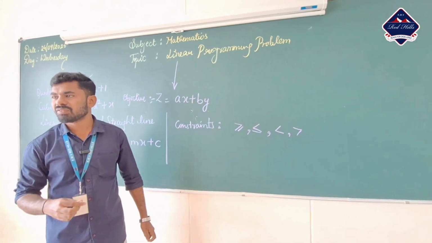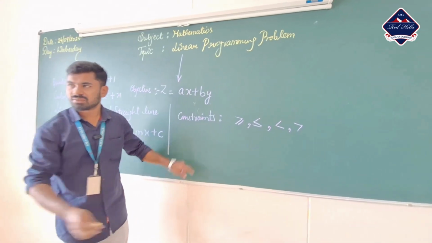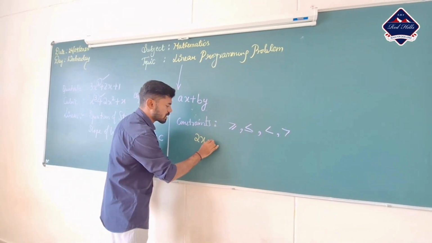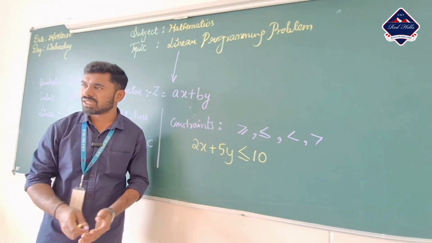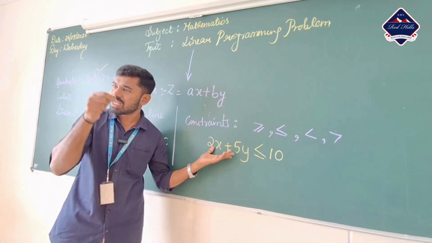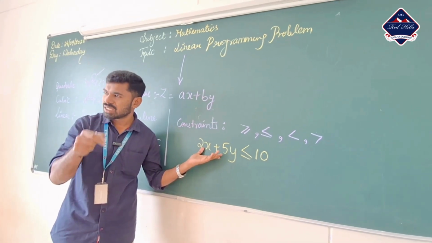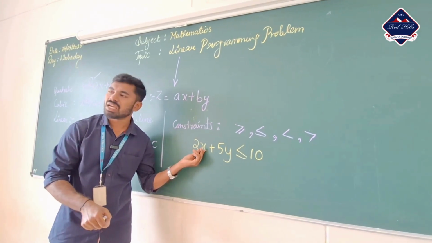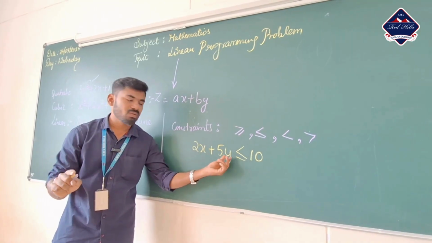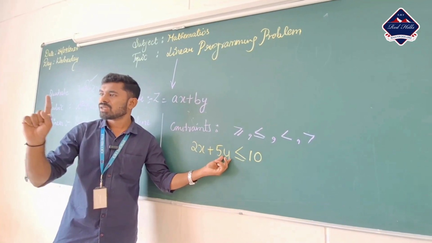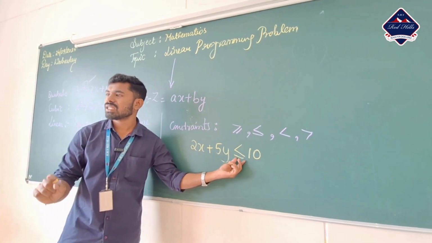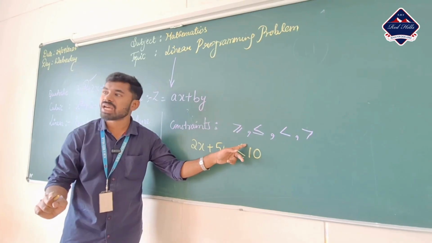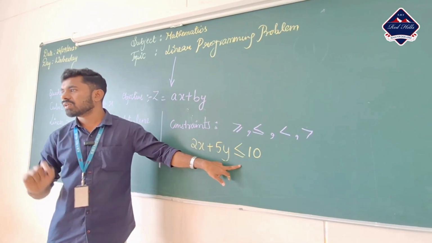Can you give me an example for a constraint? Any example like 2x plus 5y less than or equal to 10. Correct? This is an example for a linear constraint. As you can see, the highest power of x as well as the highest power of y, both are 1 only, and it is associated with the linear inequality, that is less than or equal to.